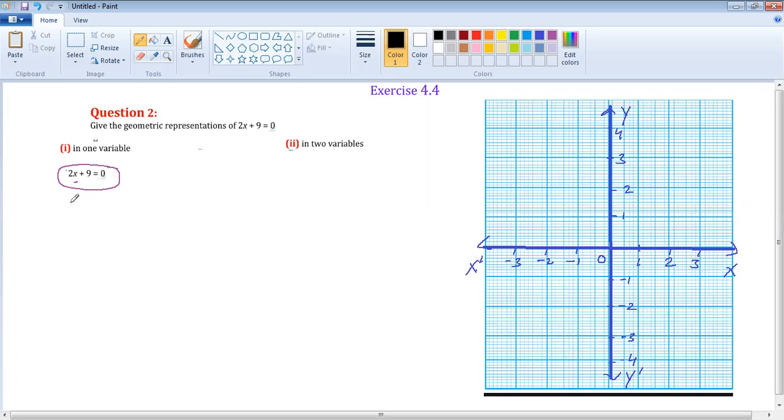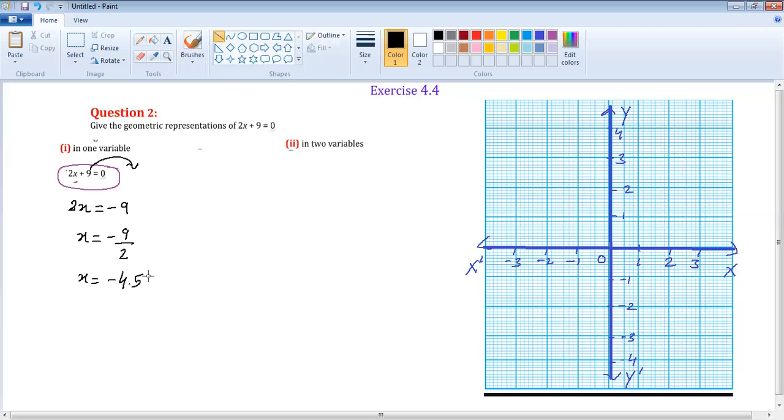So let's first find the value of x, or you can make x the subject. So simply we can write 2x is equal to minus 9. We are taking this 9 to the right hand side. Then we can write x is equal to minus 9 by 2. Or you can also write x in decimal form, that is minus 4.5.